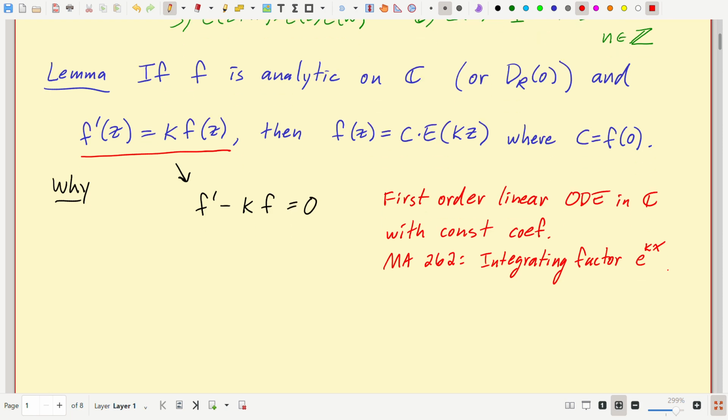So the big idea here is we know Math 262. We're not sure it's going to work the same in the complex case. Let's multiply the ODE by what we think the integrating factor ought to be. In this case, what is it? It's e to the minus kz. That's the integrating factor.